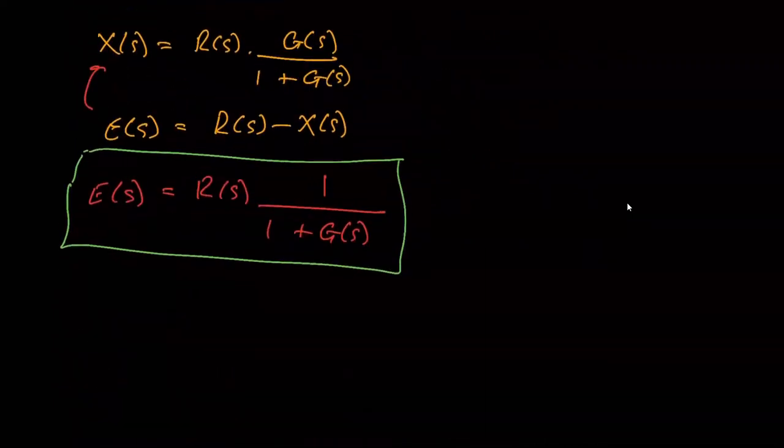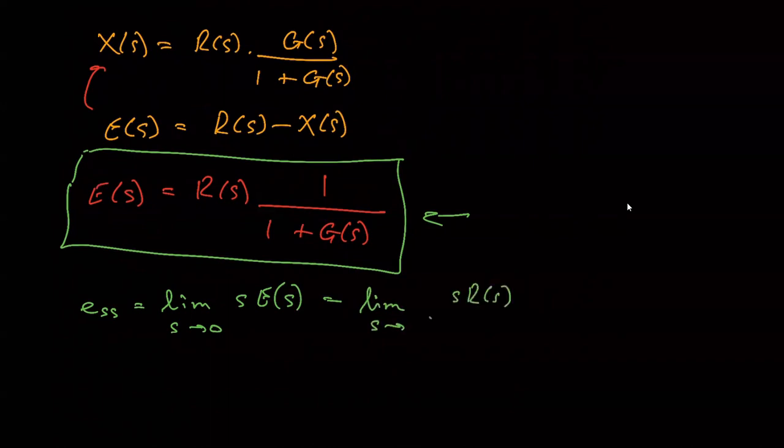The actual error I can get by using the final value theorem on this expression. So the actual steady state error is the limit as s goes to 0 of sE(s). Or in other words, the limit as s goes to 0 of sR(s) times 1 over 1 plus G of s.